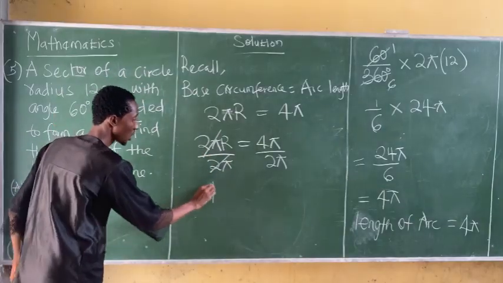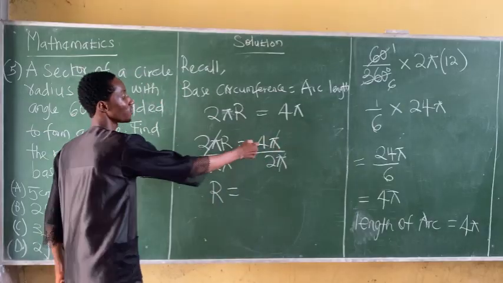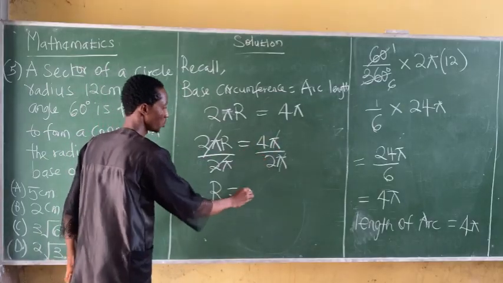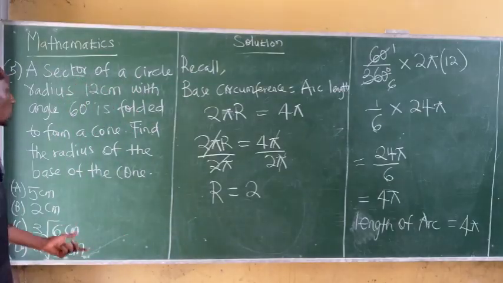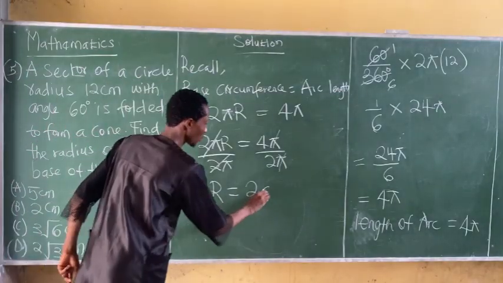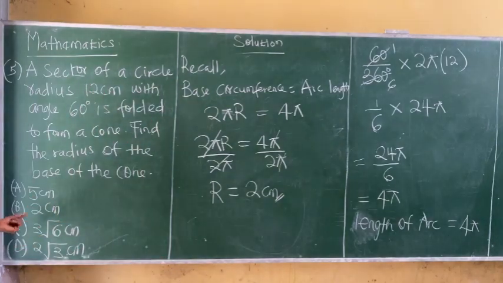Yes, so we have R is equal to, pi will take away pi. We have 4 divided by 2, we have 2. Don't forget, R here is the radius of the base of the cone. So we have 2 cm. Let's come to our options here. The correct option here is what? Option B, 2 cm. That is the radius of the base of the cone.